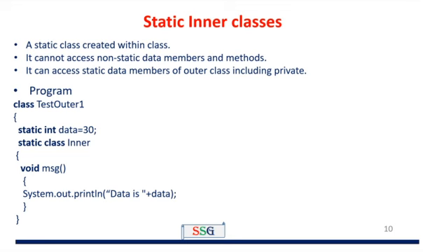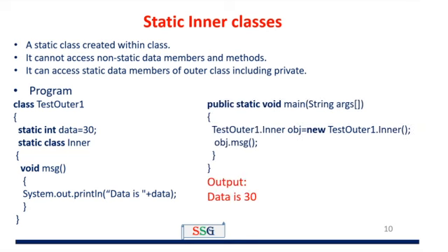Then the inner class definition is over. The next one, public static void main. Next I am going to create the object for the inner class. TestOuter.Inner object = new TestOuter.Inner(); object.message(). Now control transfers to the message function and displays the output, data is 30.